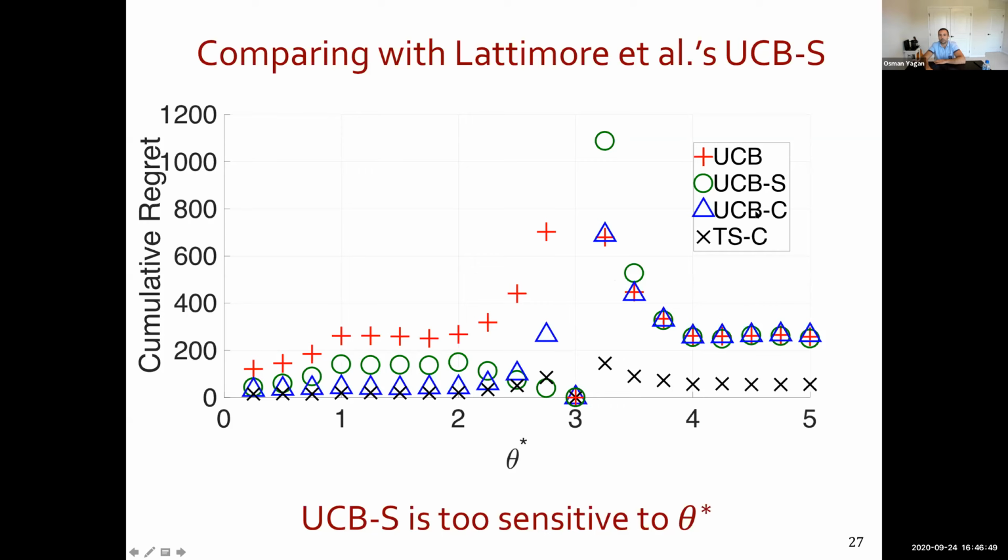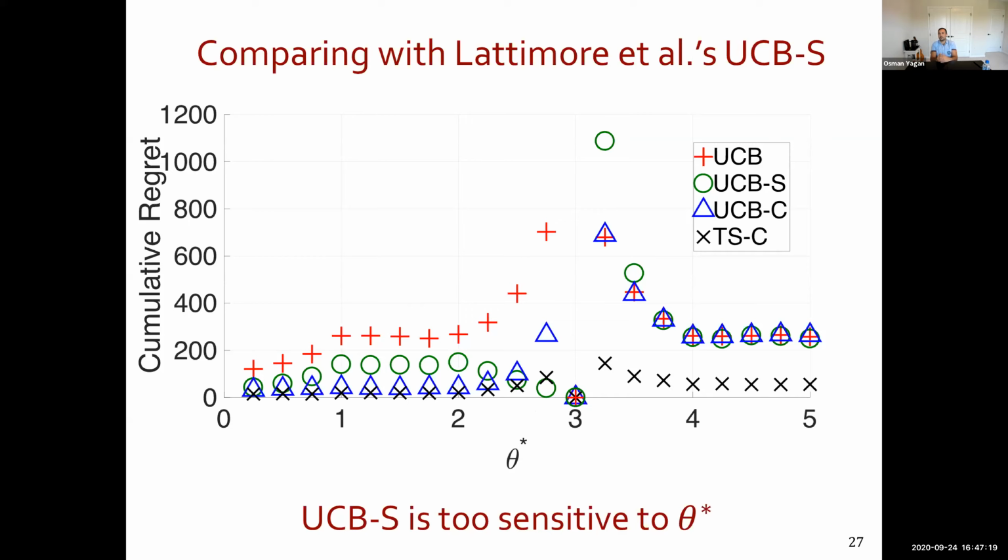Whereas the algorithms we propose always perform at least as good as the corresponding classic algorithm they are mimicking or extending. In particular, you can see that the TSC, the Thompson sampling version of our algorithm, across the board performs pretty much the best in all cases, except, again, this one specific case. So bottom line, Lattimore's approach is a bit too aggressive in making its decision.